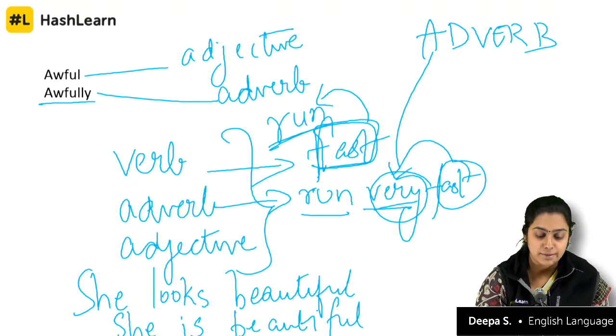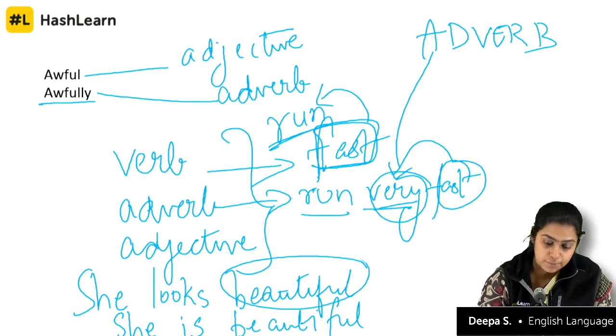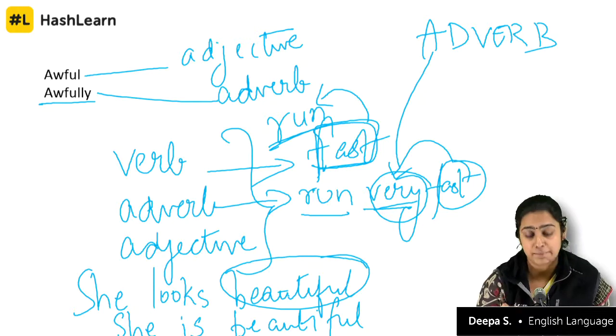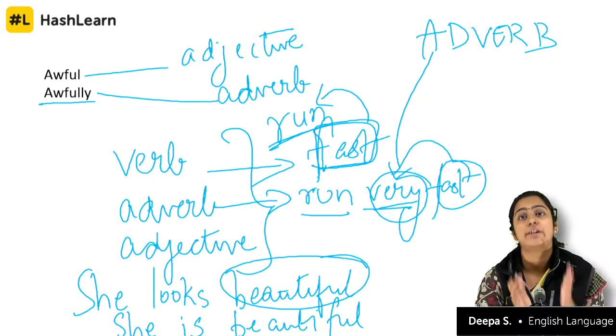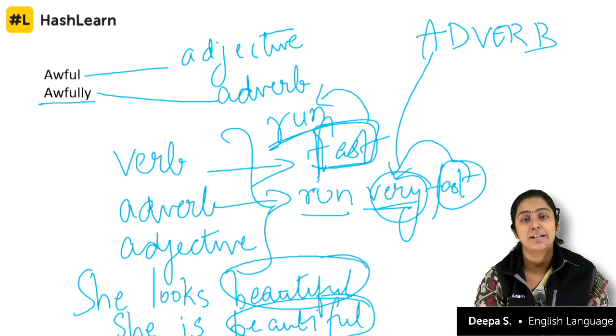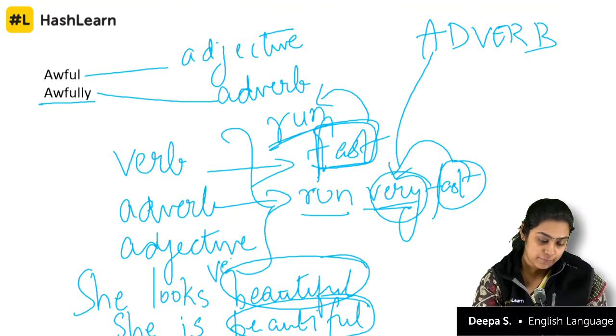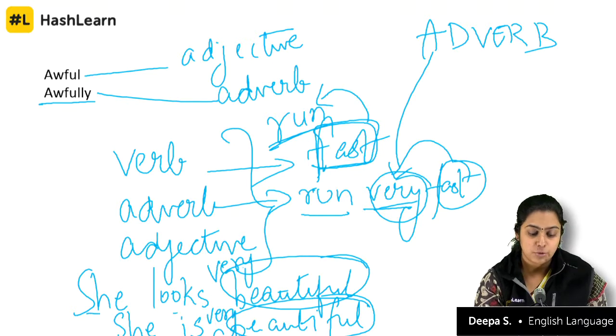Okay, now in this case, she looks beautiful. Beautiful is an adverb because look is a verb. But in this case, she is beautiful. This is an adjective. Beautiful is an adjective. Okay, now when I put very here and here, she looks very beautiful.